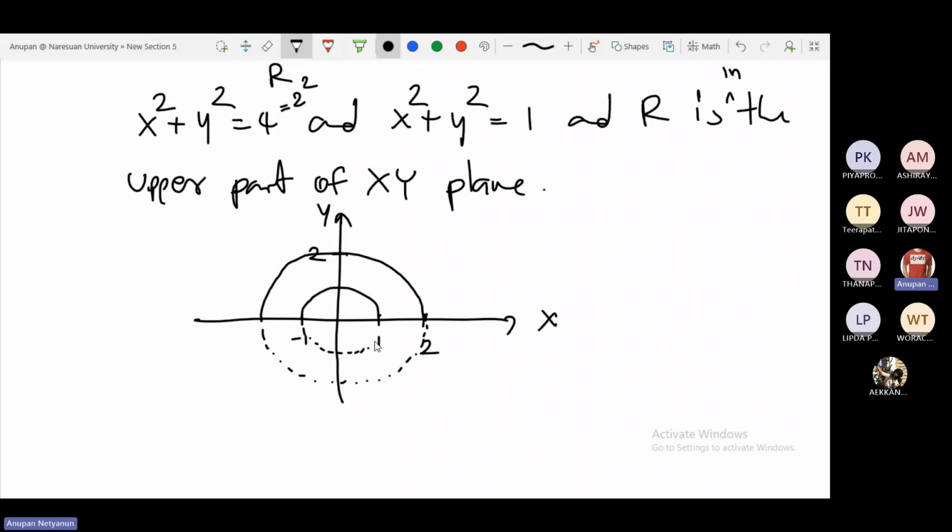We are not using this part at all. So you can see the region that we need is enclosed by this circle, and we want just the upper part of the XY plane. So it's going to be just this area.